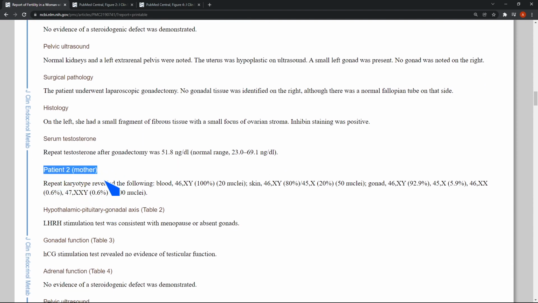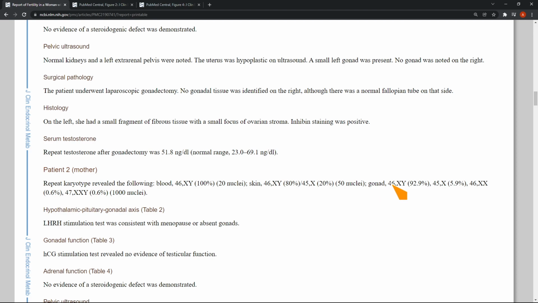On to patient 2. So they did repeat karyotypes and revealed in the blood 100% XY. And in the skin, interestingly, there was some mosaicism noted of 46XY at 80% and Turner syndrome mono X at 20%. And they did this on 50 nuclei.